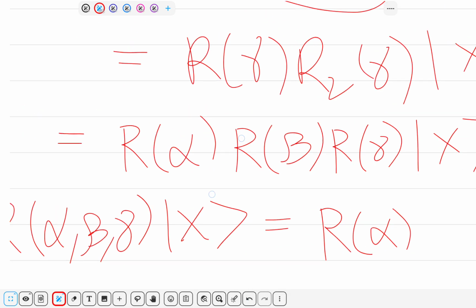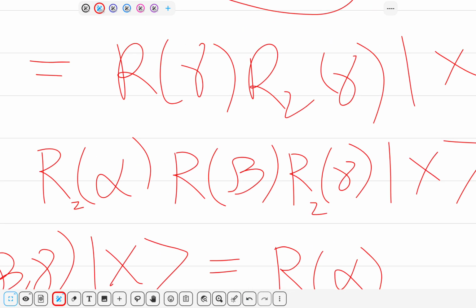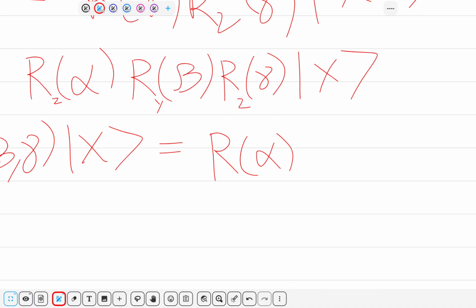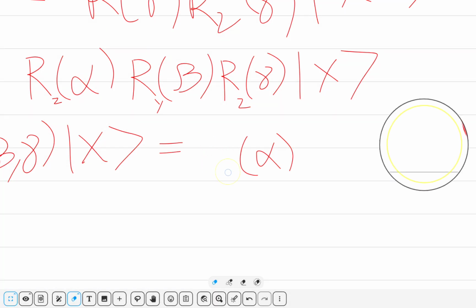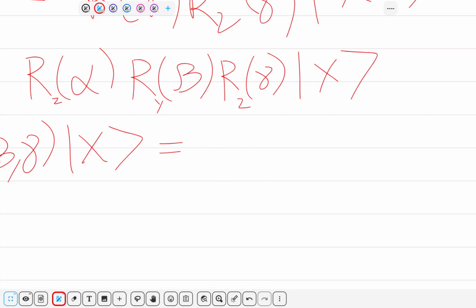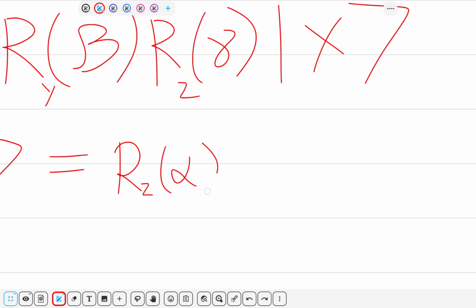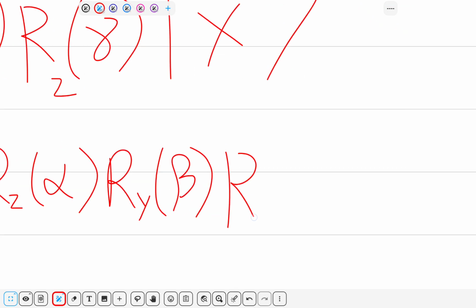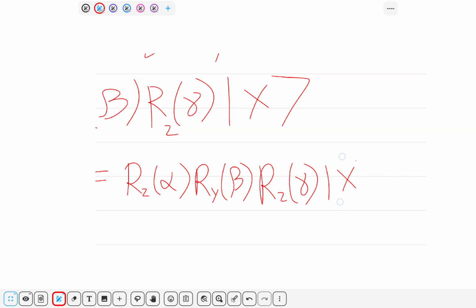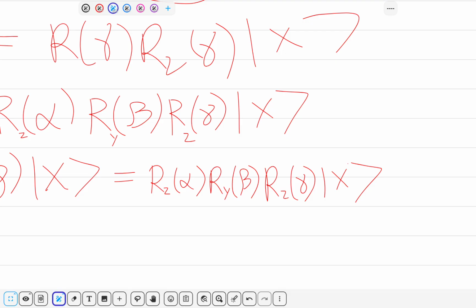Also not to forget, this is Z, this is Z, and this is Y: Y sandwiched between Z. Why have we chosen this specific notation? It will come later, so we will see it. This is the first result.